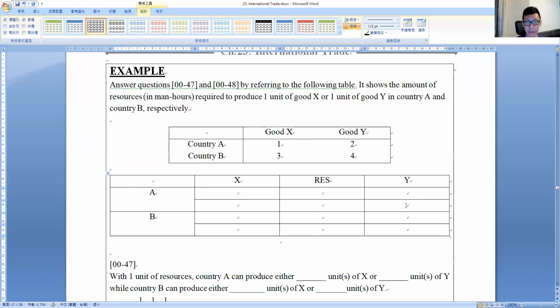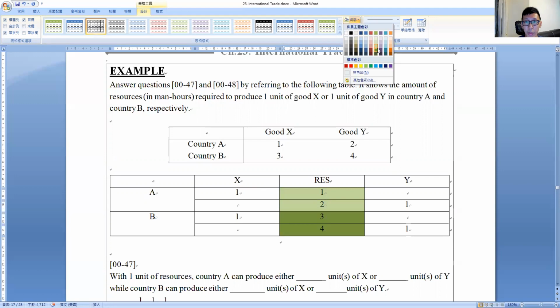Now remember, this time it will be 1, 2, 3, and 4. 1, 1, and 1. Our goal, as always, we want to equalize them. For each country, we need to equalize their resources.